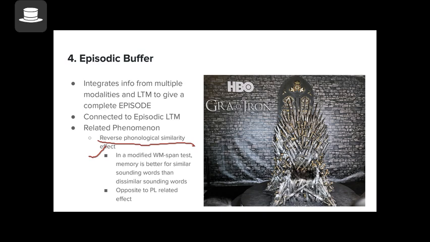Here, words that are similar are easier to remember than words that are dissimilar in a specific kind of task called working memory span test. And we'll talk about that in the next slide. Just remember, it is opposite to the phonological similarity effect. If phonological similarity effect is because of articulatory process of phonological loop, the reverse phonological similarity effect is because of the episodic buffer.